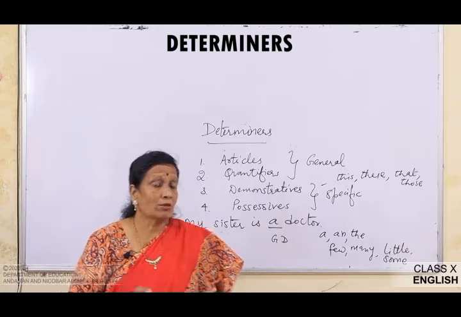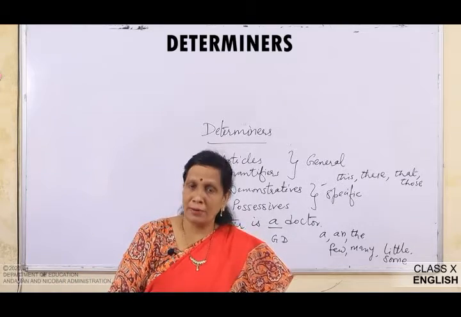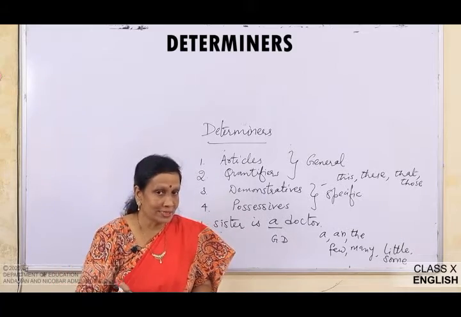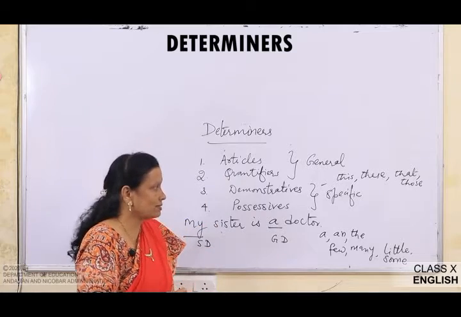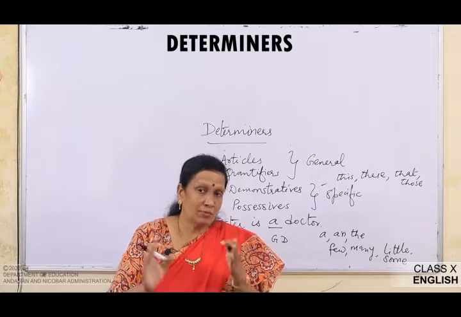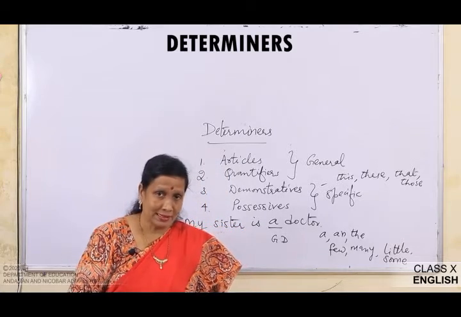You have learnt about determiners in your primary and also in your upper primary classes. Particularly, you have learnt about articles, demonstratives, and possessives as pronouns in your upper primary classes.